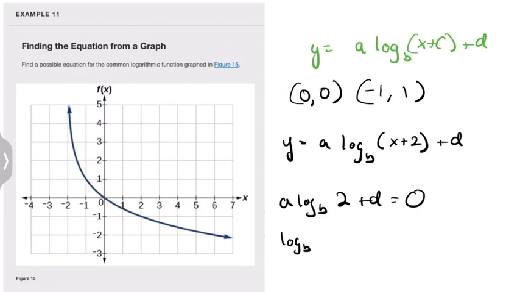So log base b of 2 equals -d over a. If we write it as an exponential, we'll have 2 equals b to the power of -d over a.